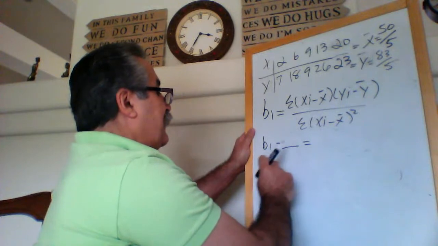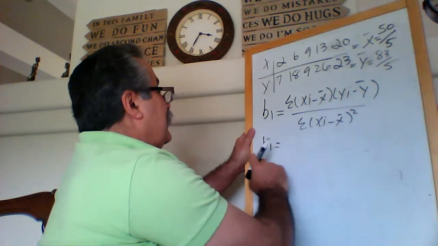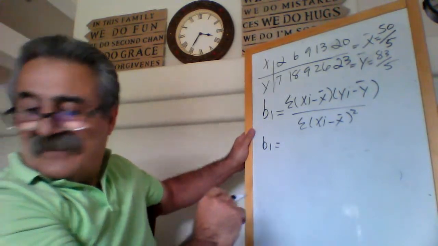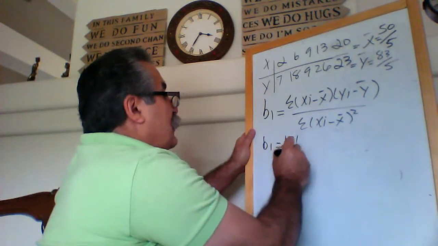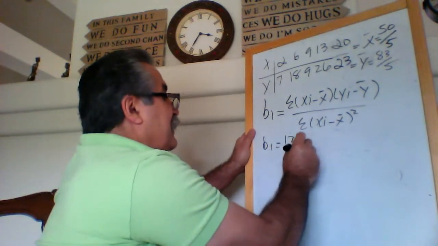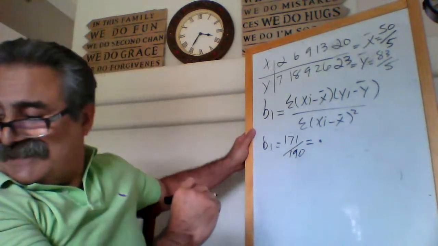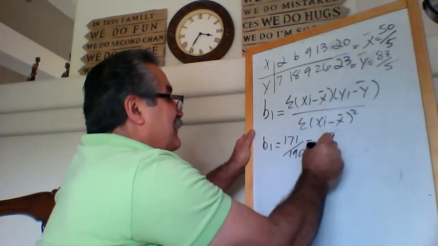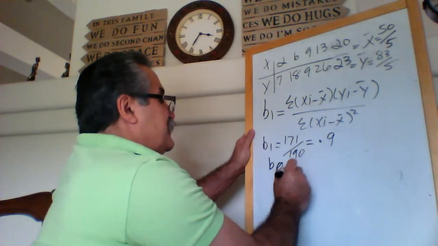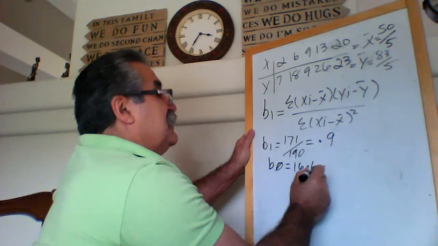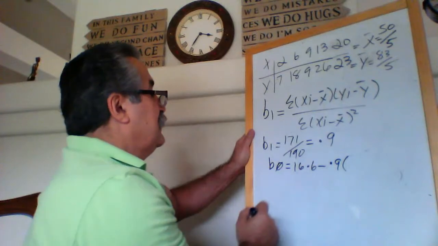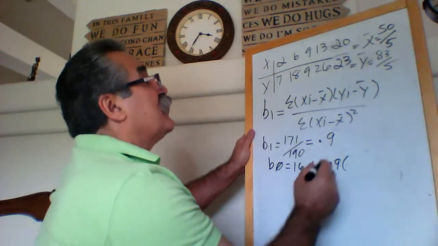Okay? And then B1 would be 171 divided by 190, which is 0.9. And then B0 is equal to y bar, which is 16.6, minus 0.9 times x bar, which is 10.